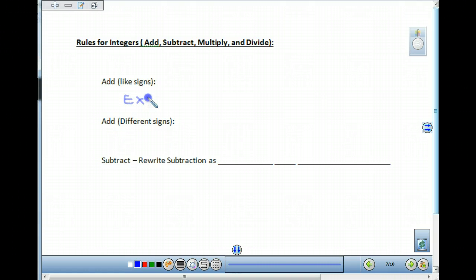What about when you add negative 2 plus a negative 3? If you explained in your rule, you now should be able to show me that as an example.